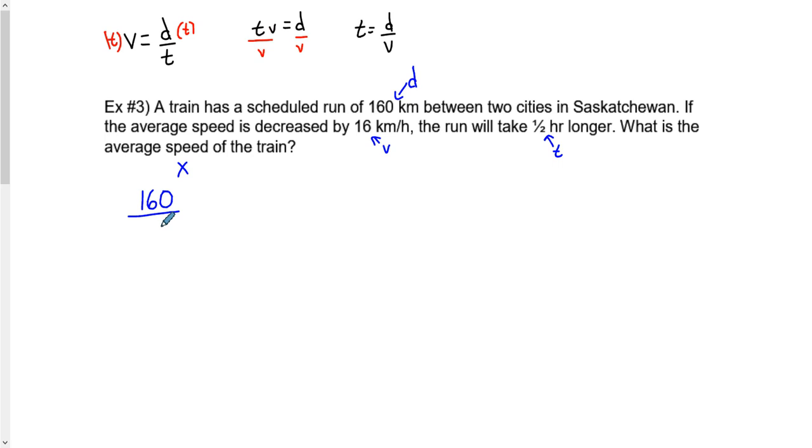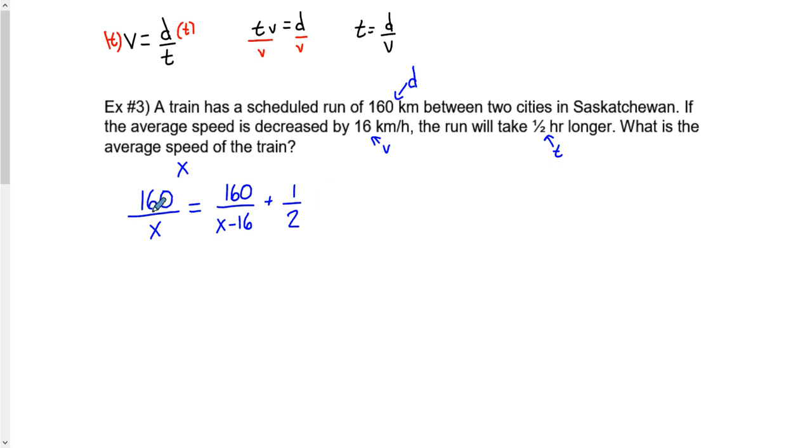If we divide it by the speed, which we'll call x, it would equal the same information. But if we decrease our speed by 16, it takes a half hour longer, which means we have to add 1/2 of an hour.